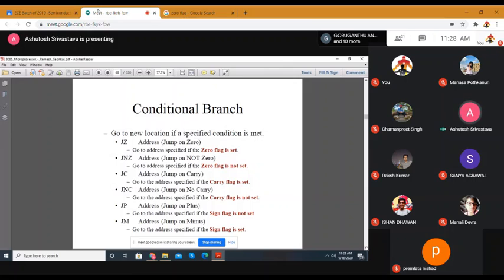The third one is JC, or jump on carry. Using this statement, it goes to the specified address if the carry flag is set. Next one is JNC. This allows you to jump to the specified address if the carry flag is not set.